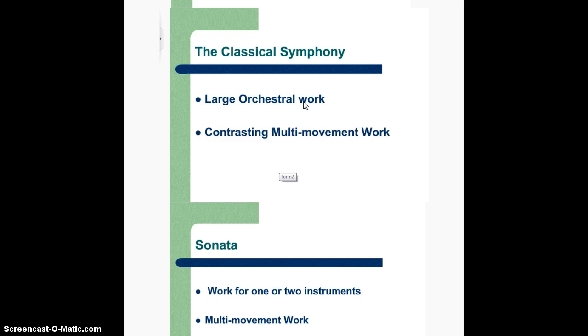It's a large orchestral work, in Haydn's time maybe 20 minutes, but by the time we get into the Romantic period, maybe 90 minutes. It's usually in 4 movements: fast, slow, then they add a dance as the third movement, and then another fast movement.